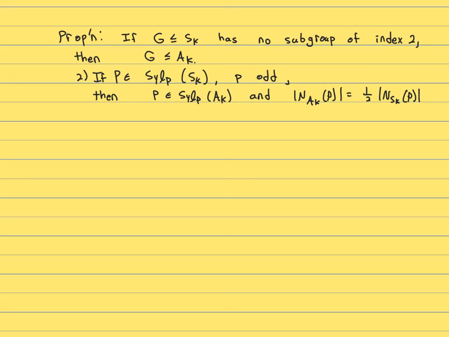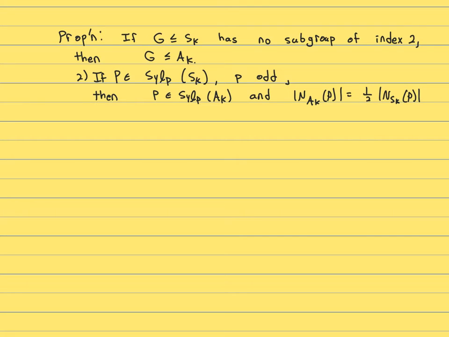So it'd be the same power of P dividing both. Now the point of this perspective for applications is the size of the normalizer shrinks by 1/2. So for some counting arguments, you'll find that you need this extra 1/2 in order to get the contradiction to work.